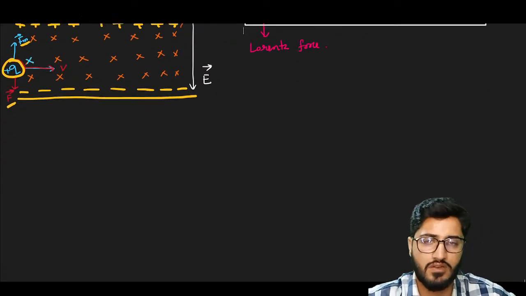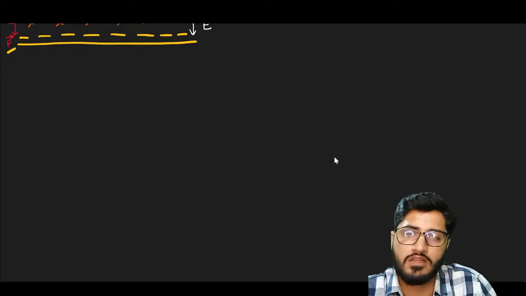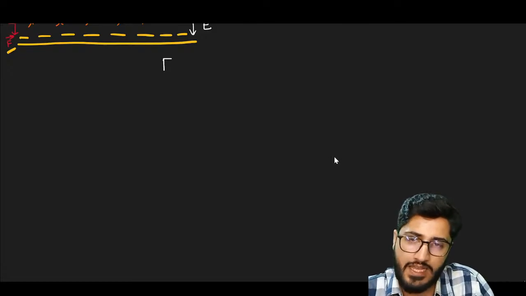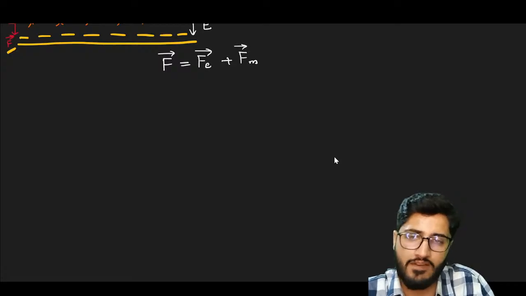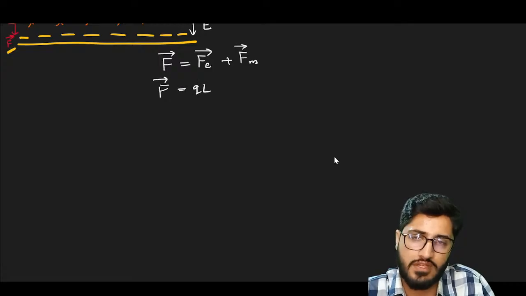Look now, let us talk about this one. My net force, that is F, I can write F equals electric force Fe plus magnetic force Fm. Do you know what is the electric force equation? Yes, sir, that is Q times E. What is the magnetic force equation?